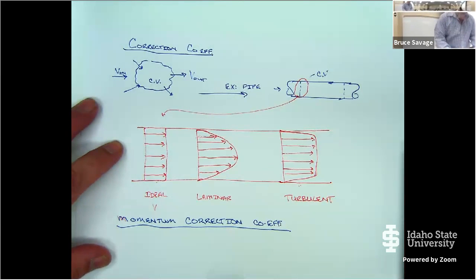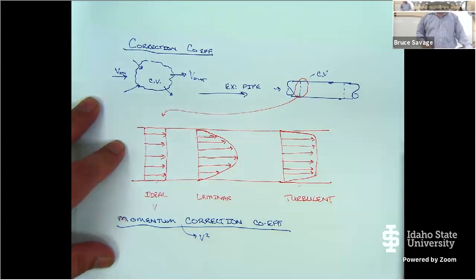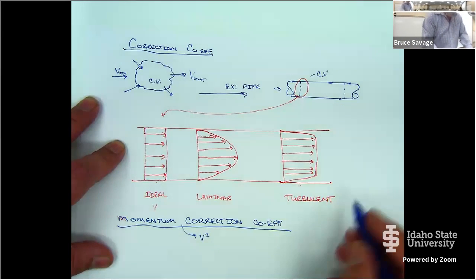So the momentum is a function of v squared, right? When we did the momentum function on the right-hand side of the equation, it was rho VQ, but Q is a function of velocity, right? So let me write that on here. Just go back and look at the momentum equation.